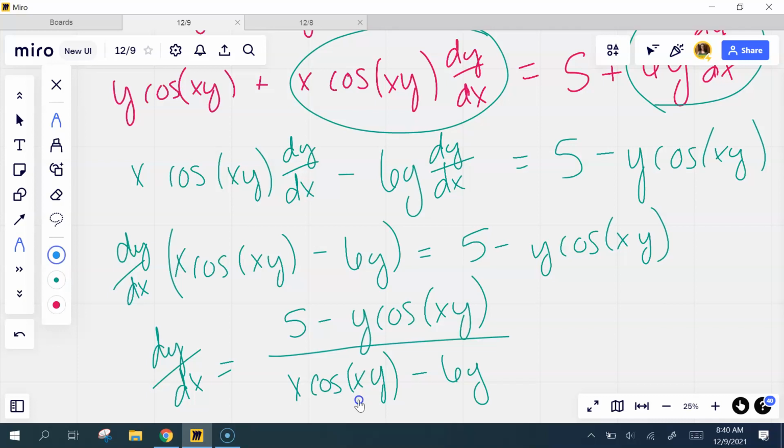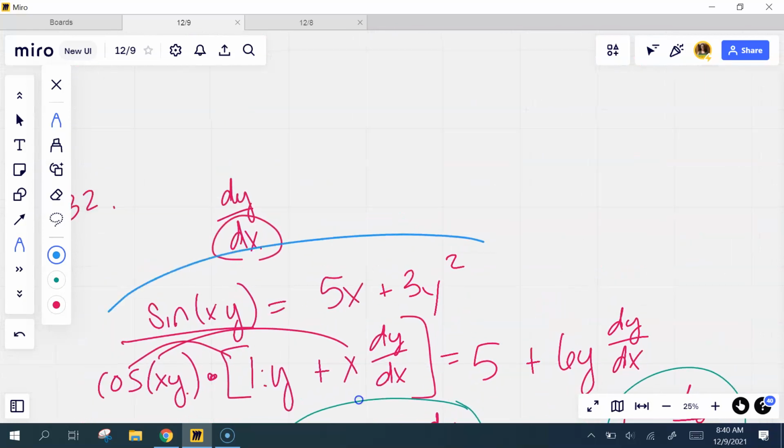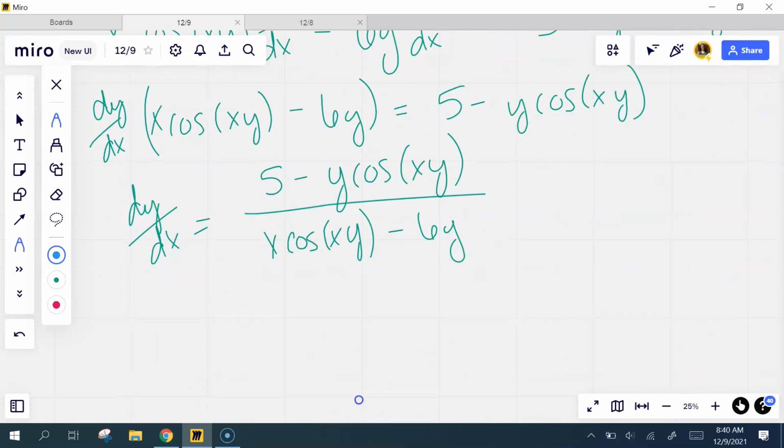You probably remember doing this and hated it. Come back up to the original equation, solve it for y, and then plug that in for all the y's here.